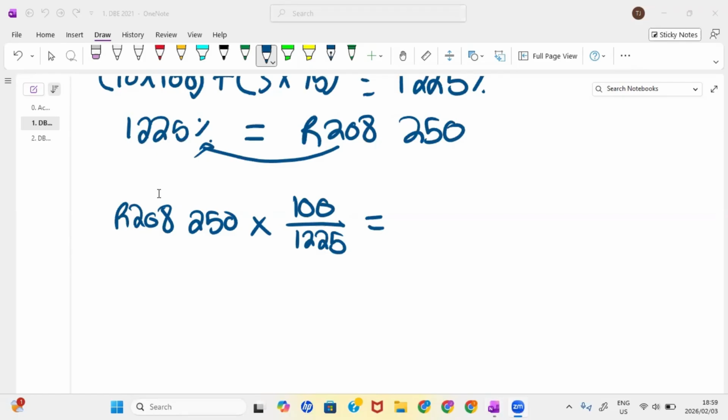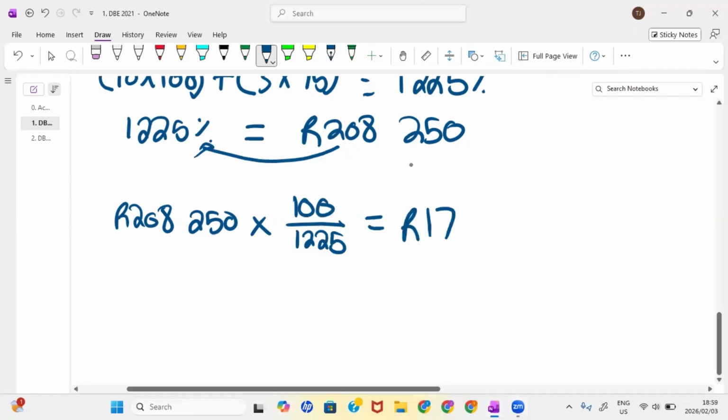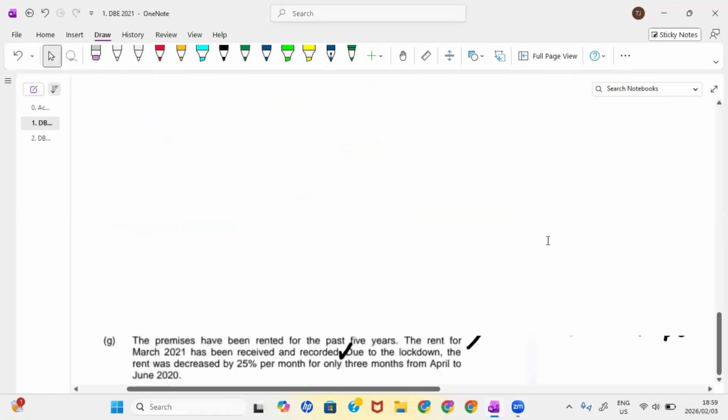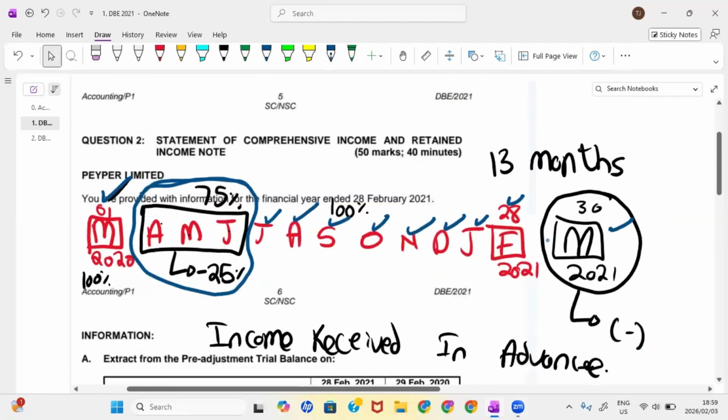Are we all getting 17,000 rands? So it's only for 1 month. We don't have to multiply by anything because the extra amount was only for 1 month.